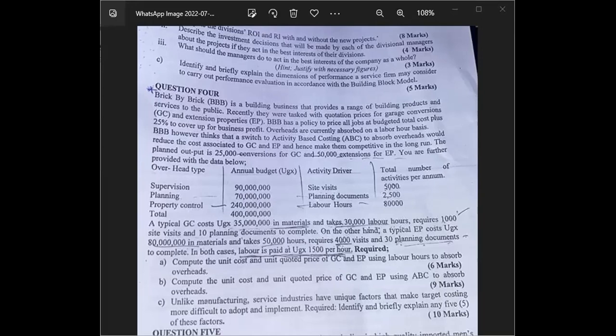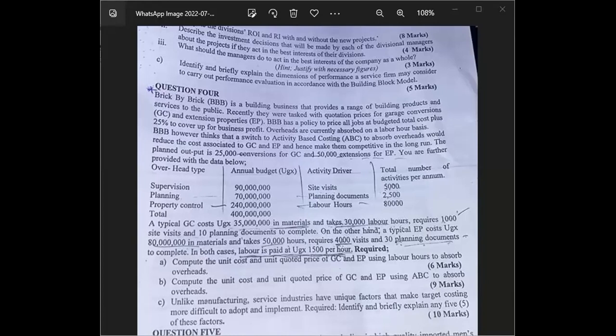So the method I already told you is budgeted cost, or the overhead, divided by budgeted level of activity. Usually this is the budgeted cost driver. So if you go line by line, for purposes of time, let's use the class one, since she's not going to mark. We're going to get the totals. TPC here, the total of that is 400.